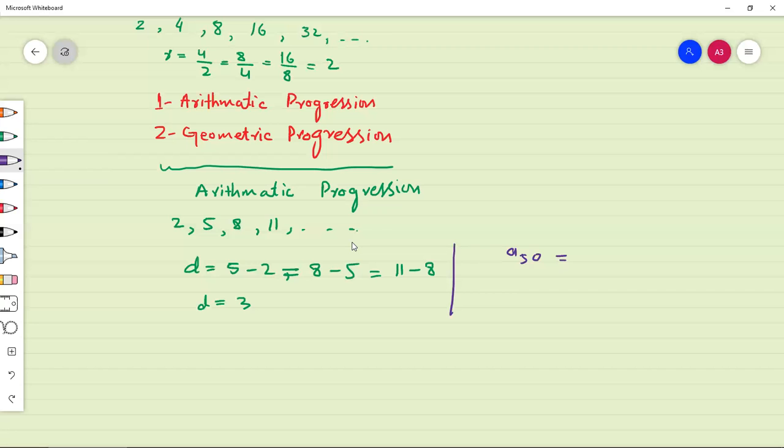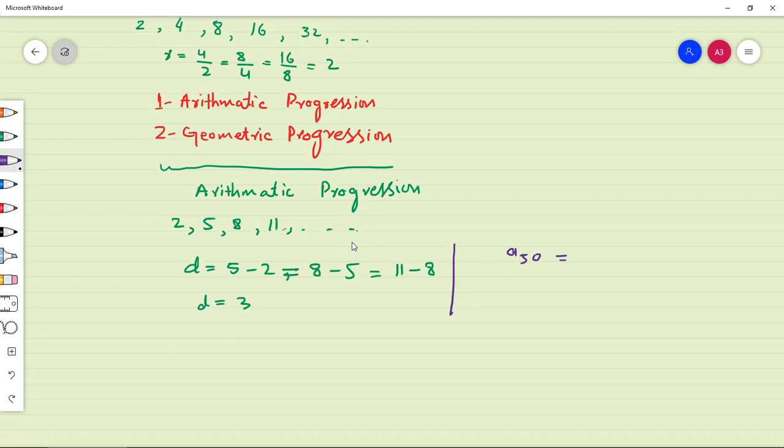You can find similarities between these formulae and the previous one. So A50, how can we find? First, you can calculate 11, 14, and in this way, proceeding to the 50th term, you can find it. But there should be an easier way that we can find the 50th term directly.